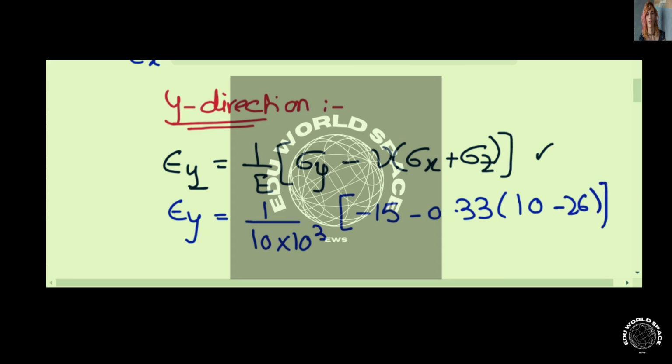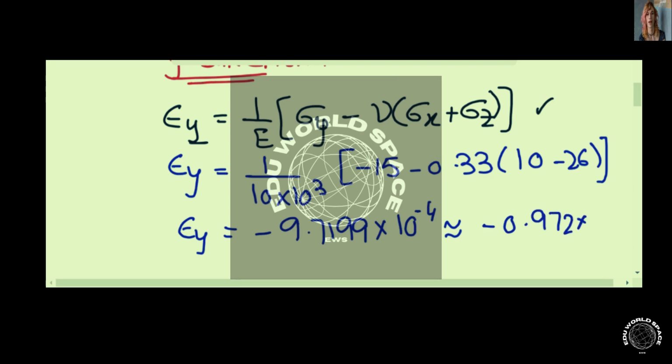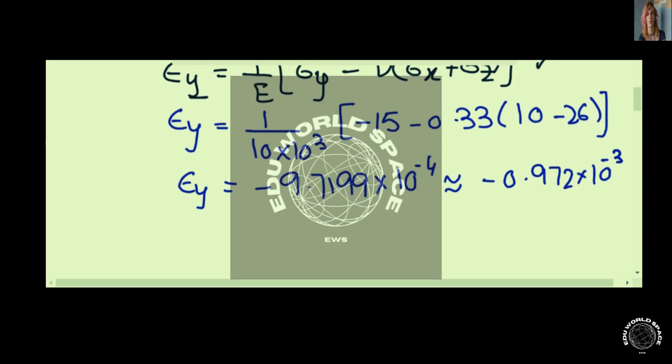Just calculate it and we'll get that the strain for the y direction is equal to negative 9.7199 into 10 raised to power negative 4, and that is approximately equal to negative 0.972 into 10 raised to power negative 3. This is the solution for part B, because that is for the y direction.